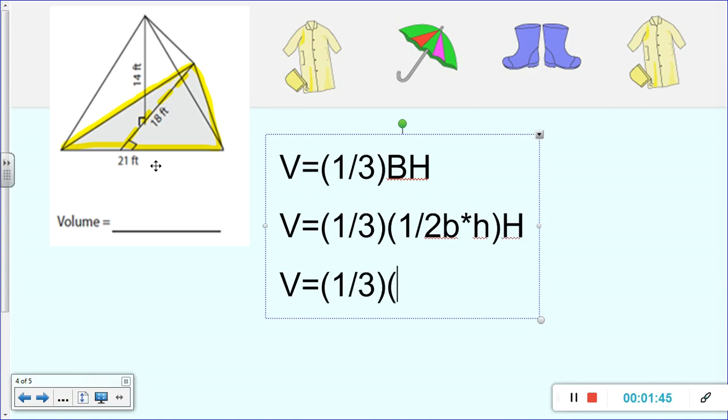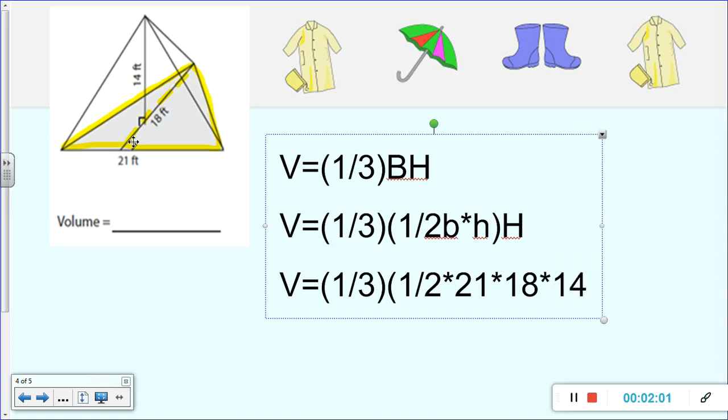So we've got 1/2 times the 21, being the base of my triangle on the bottom of my pyramid, times the 18, which is the height of my triangle, and then times the 14, which is the height of the pyramid.